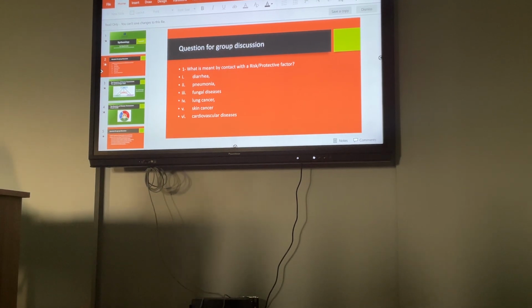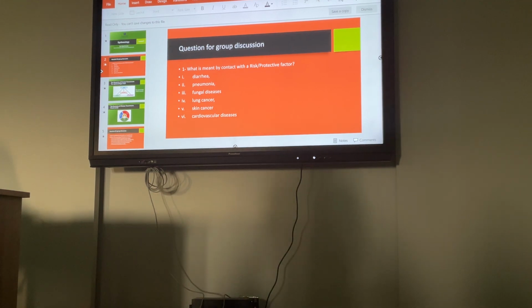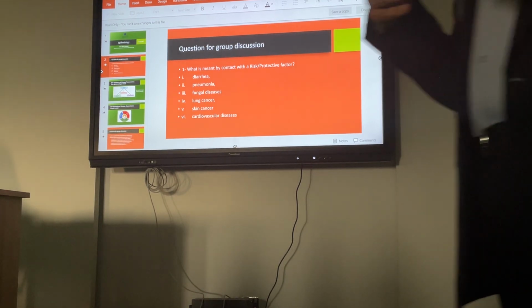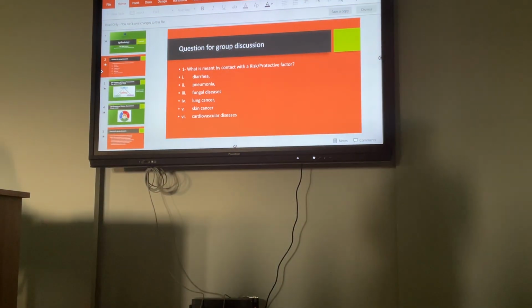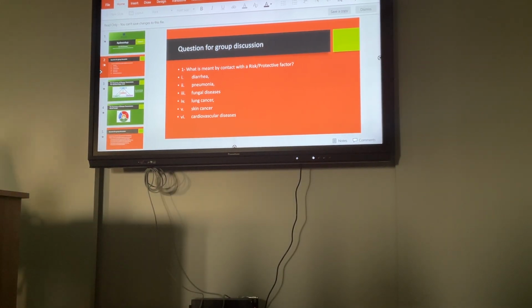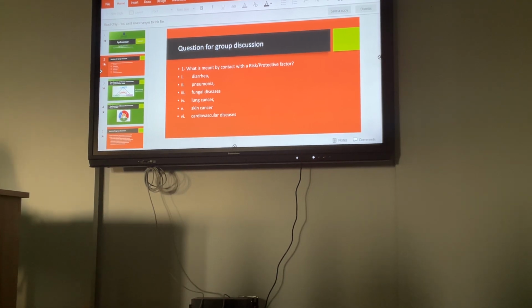Smoking, high blood pressure, high cholesterol, poor diet, high stress, some genetic predisposition. Predisposition means that a family history of cardiovascular disease is a risk factor for getting cardiovascular disease.